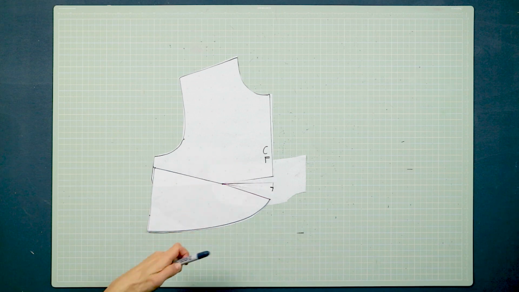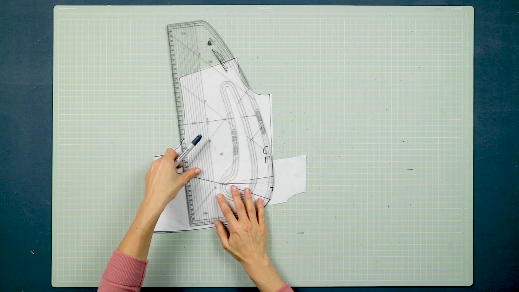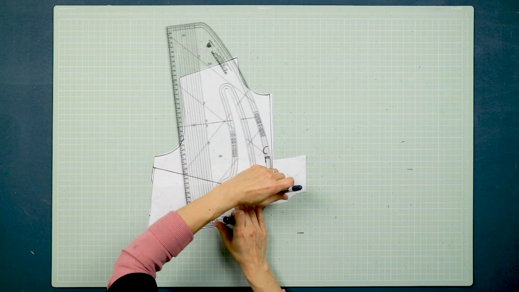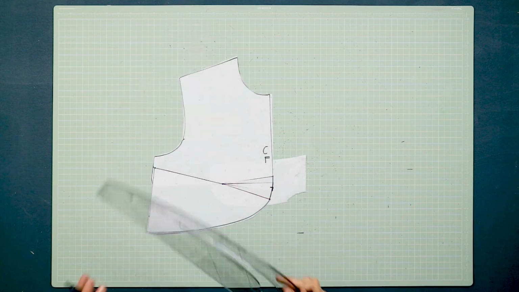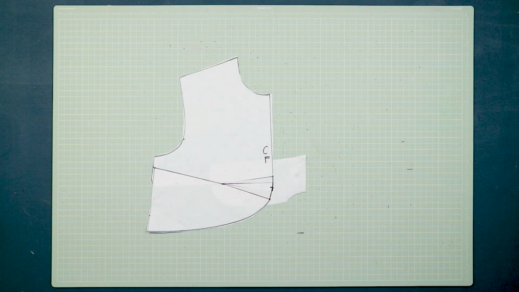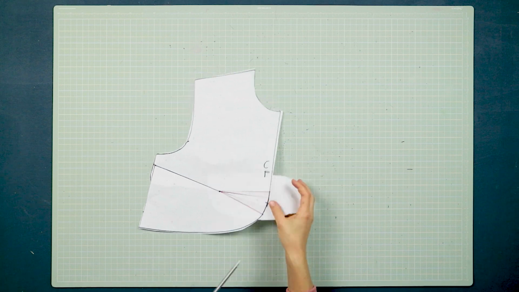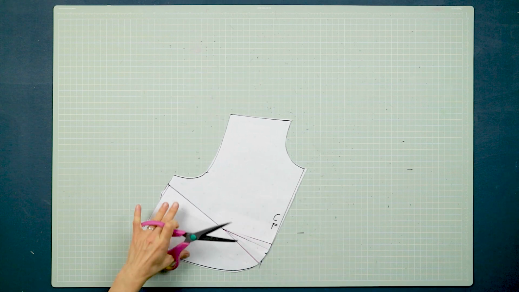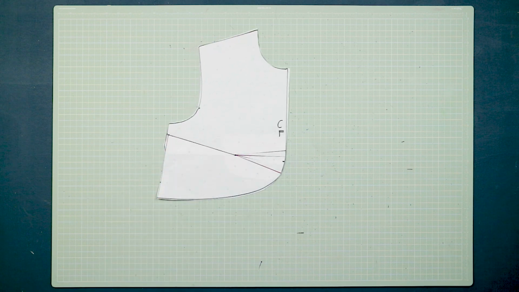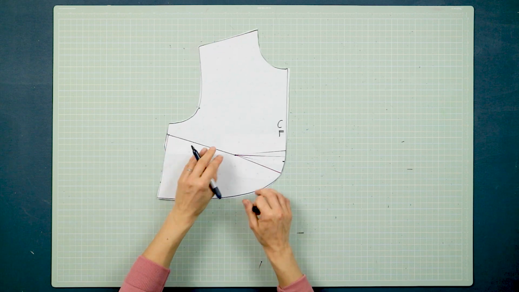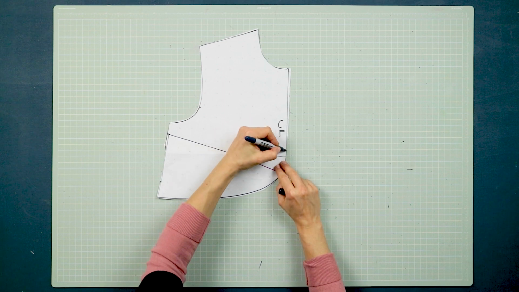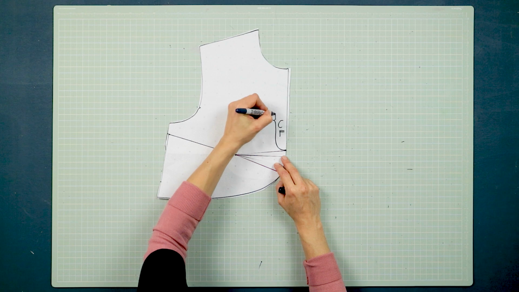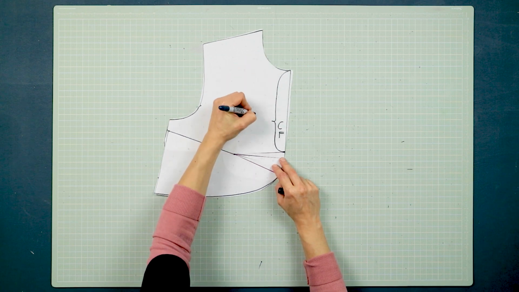And I'm going to redraw my shape here. And this is my bow top finish. All you now need to do is, this is basically a fold, this section, so you cut it out on fold.